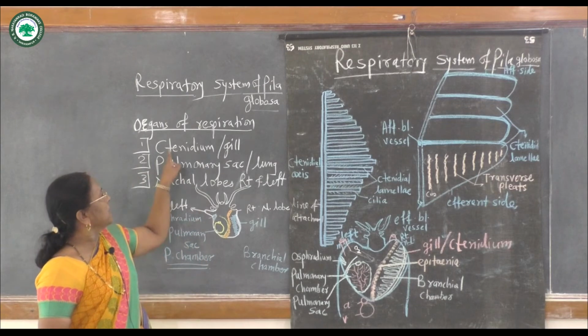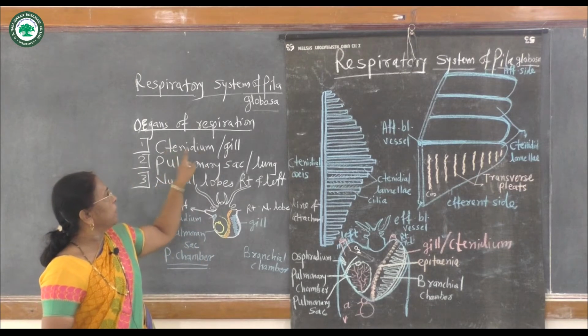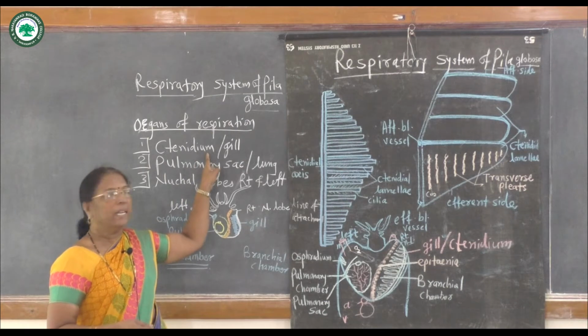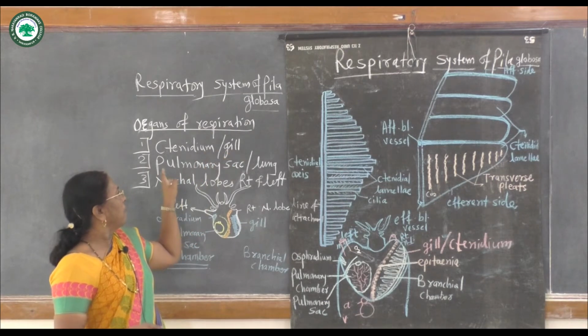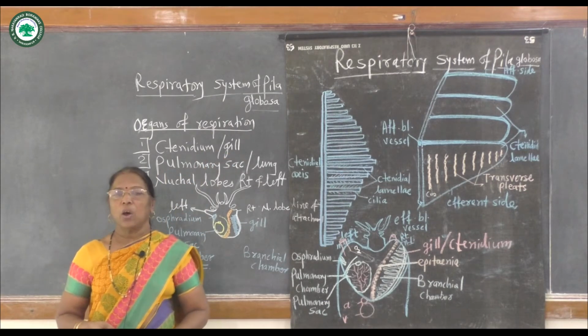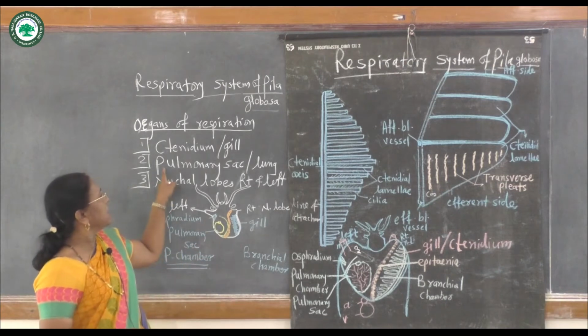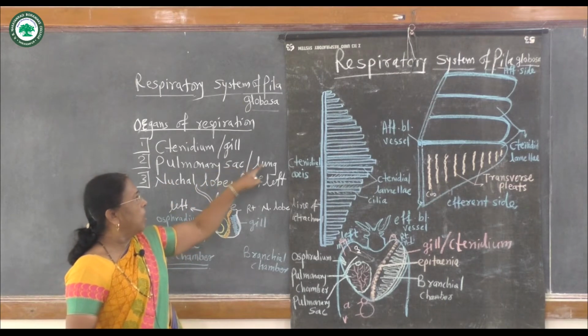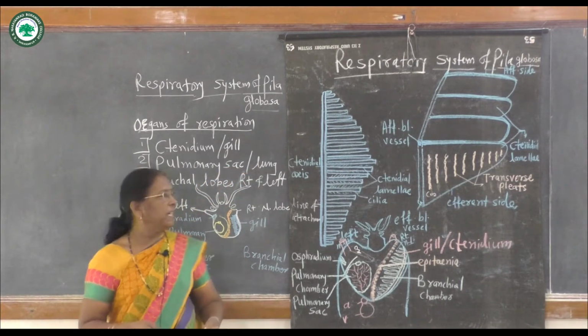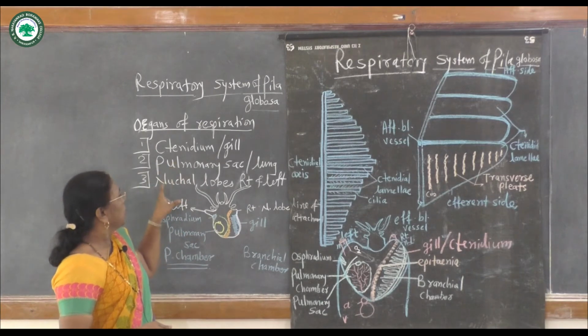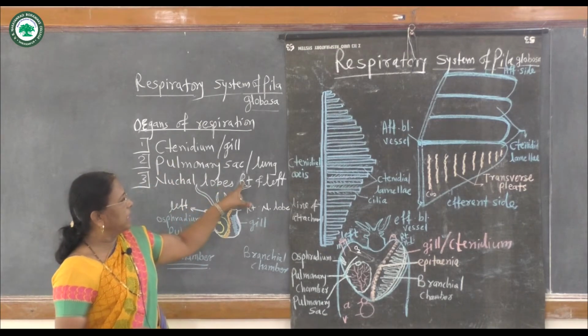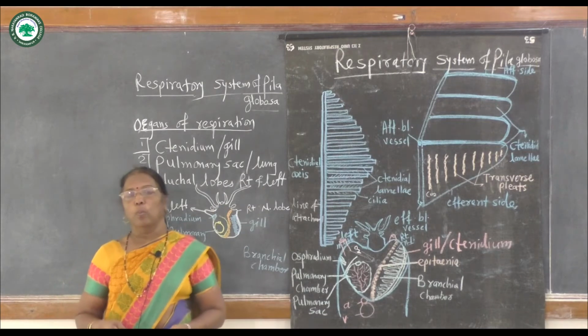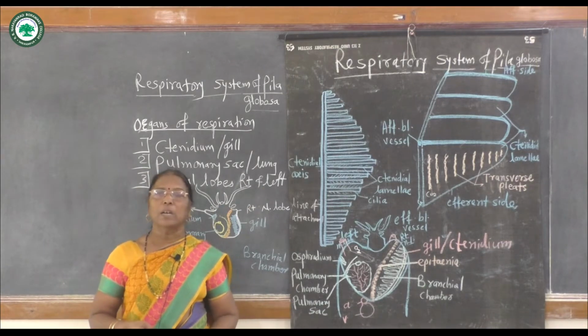For aquatic respiration, there is a single ctenidium or gill, and for terrestrial or land respiration, a single pulmonary sac or lung is present. Also, the nuchal lobes, right nuchal lobe and left nuchal lobe, are helpful for respiration.